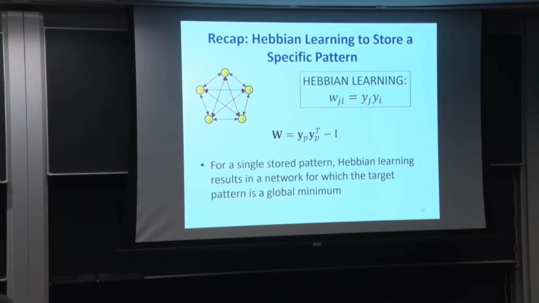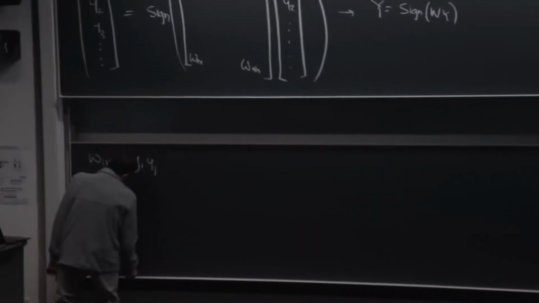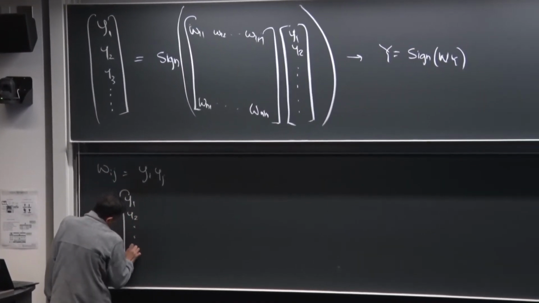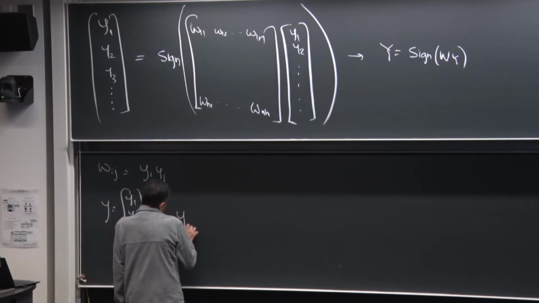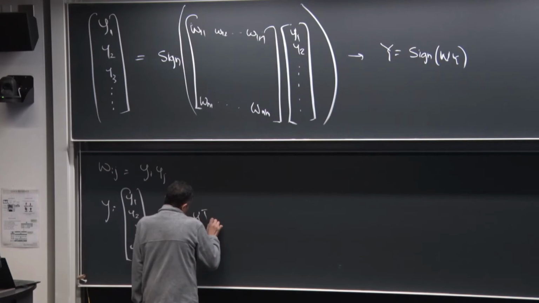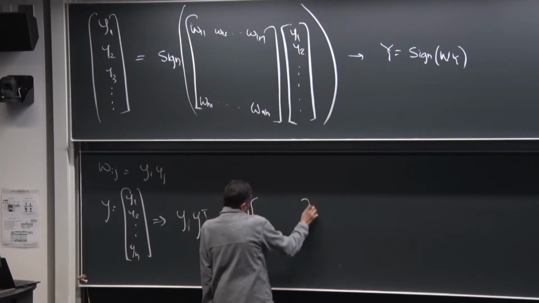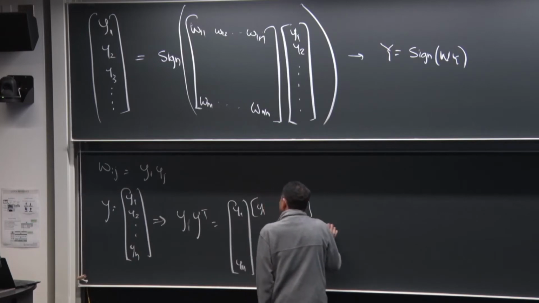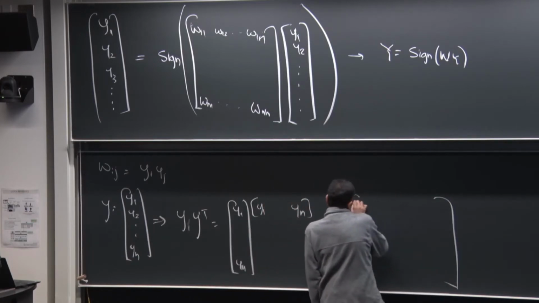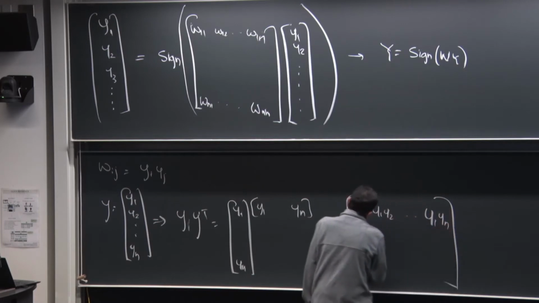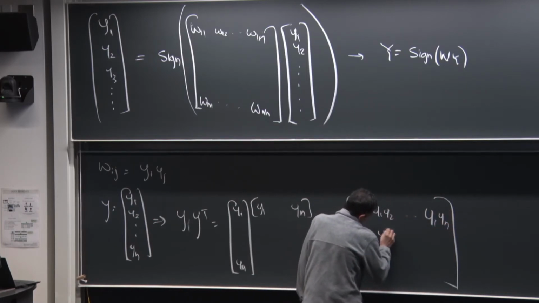And I can actually write this thing like so. When I say Wij equals YiYj, if I represent Y as Y1 through Yn, then Y Y transpose is simply going to be Y1 through Yn times Y1 through Yn, which is going to be Y1 squared, Y1Y2, Y1Yn, Y2Y1, Y2 squared, and so on.